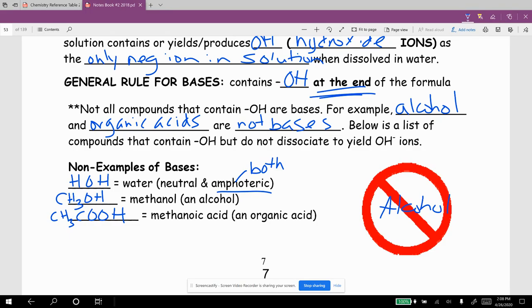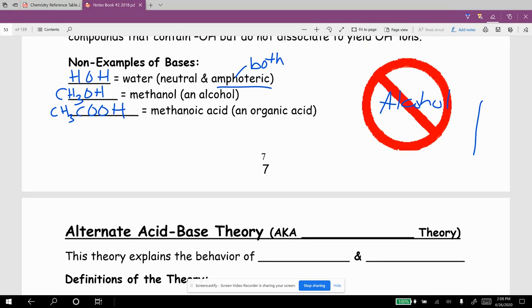So that is going to wrap up our acid base. I just want to quickly write down here at the bottom again. I'm going to switch over colors. So our H plus is an acid.